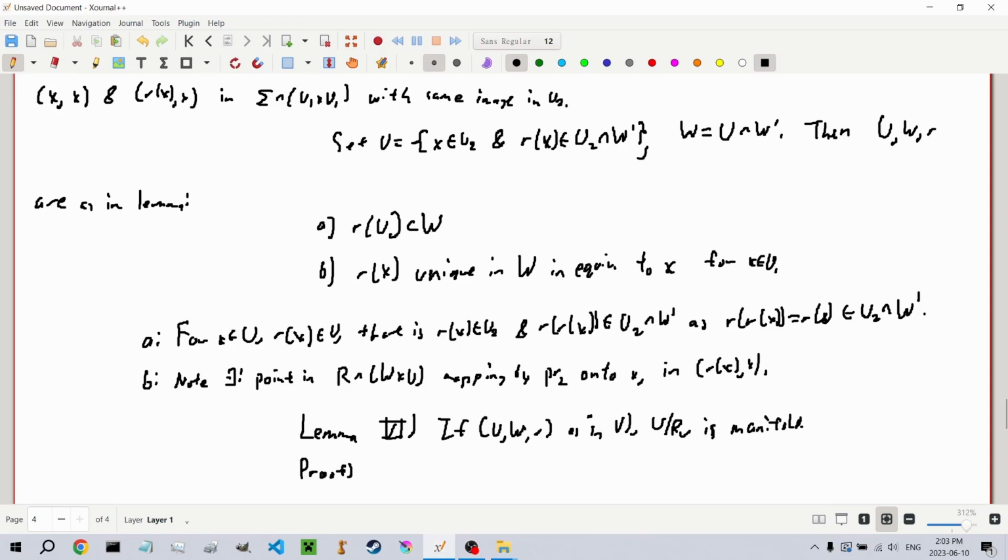The morphism r from U to W has a right inverse, being the inclusion of W into U, hence is a submersion.